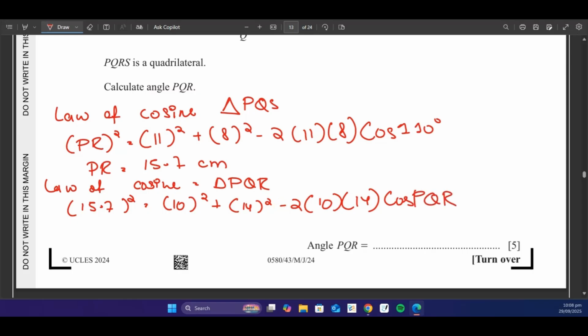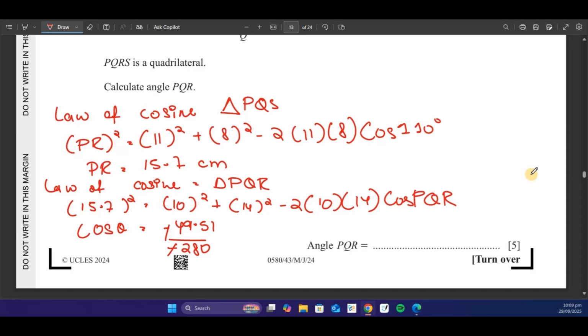All right. So what we could do now is we could just bring the like terms on one side, and we could further simplify this. And when we do, this should give us cos theta of minus 49.51 divided by minus 280, I suppose.